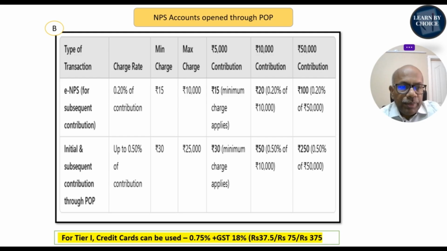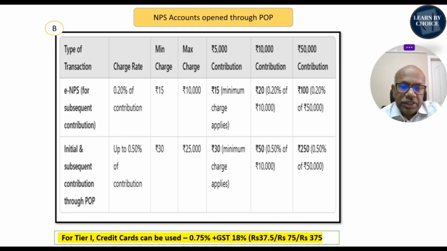Credit card also is allowed by PFRDA for depositing contributions. Credit cards can be used only in Tier 1 accounts. So you know Tier 1 and Tier 2 accounts. Tier 1 account is your main retirement account, whereas Tier 2 account is merely an investment account. So in a Tier 2 account you cannot use a credit card, whereas in Tier 1 you can use credit cards. But the credit card charges are a little bit on the higher side, which you will be paying to the service providers, whether it is Razorpay or BillDesk.